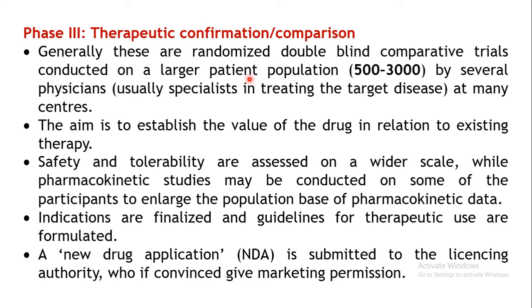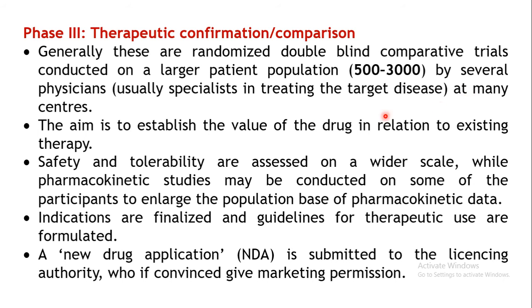A large number of patients are selected for these studies, say around 500 to 3000 patients. Several physicians may be testing these particular drugs in a number of individuals at a number of centers, not only 2 to 3 centers, but many centers may be carrying out such studies simultaneously.